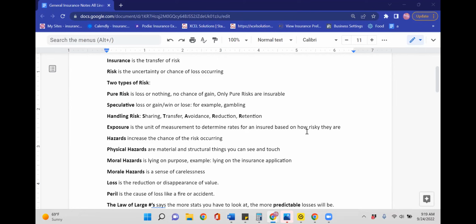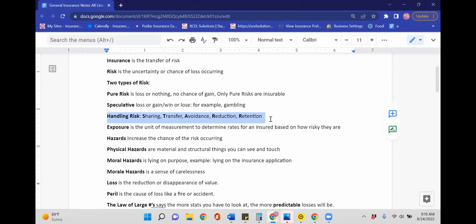Okay. Good. Now, insurance is the transfer of risk, but there are other ways of handling risk. Insurance is one way. We transfer it to someone else. We let them deal with it. But there are other ways of handling risk, and this can be part of your exam.